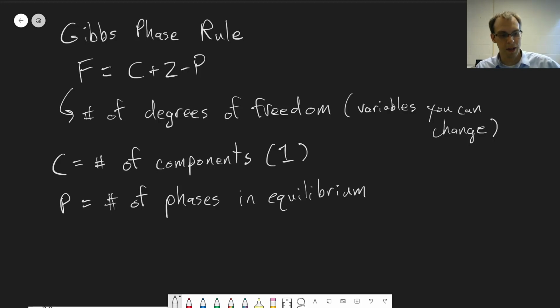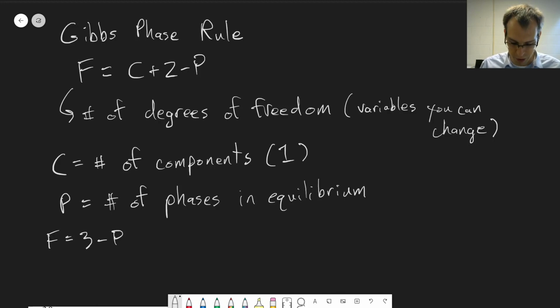Okay, and so from this, this is sort of describing what we've seen in the phase diagram that we were looking at. If we're looking at only one component systems, we can say F is equal to 3 minus P. And so the number of degrees of freedom you have depends on the number of phases that are in equilibrium.